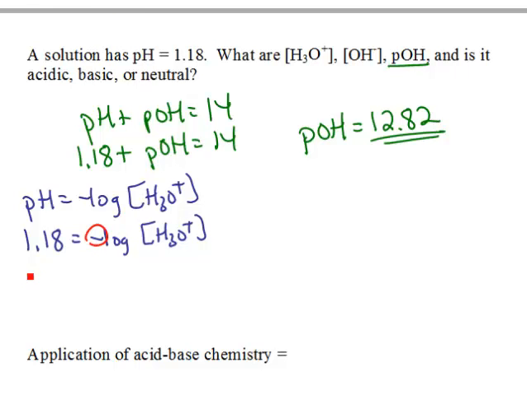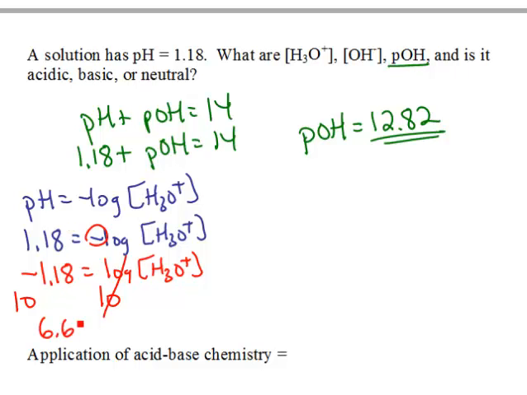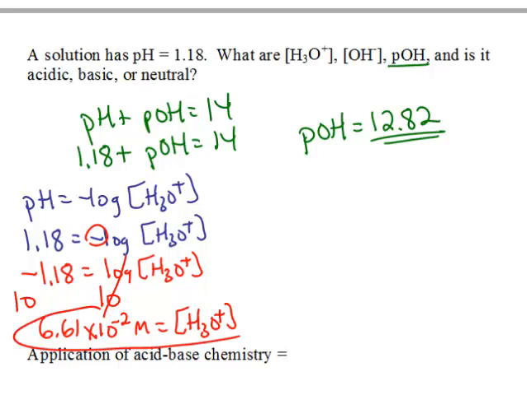Bring the negative sign over, and then use 10 as the base to cancel out the log term. 10 to the negative 1.18 power should be 6.61 times 10 to the negative 2. That's the concentration of hydronium.